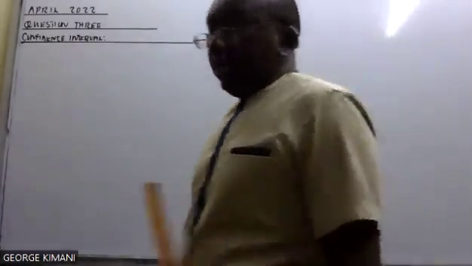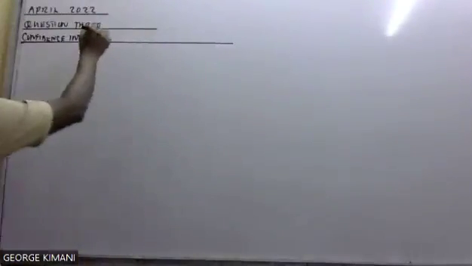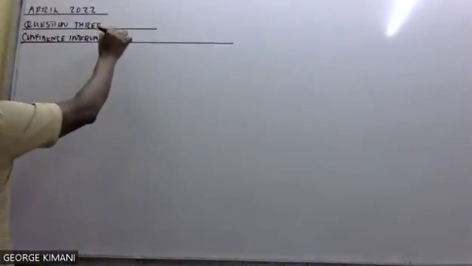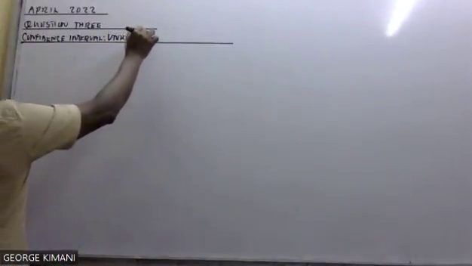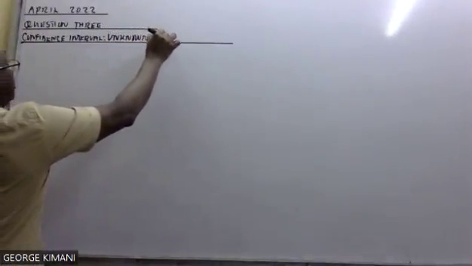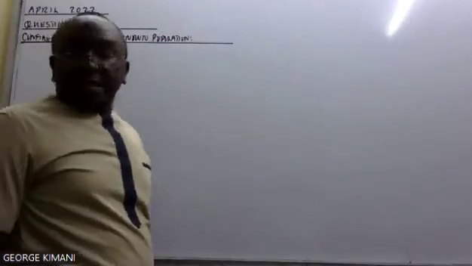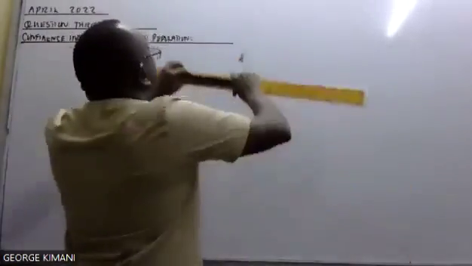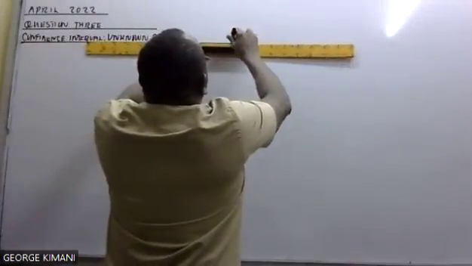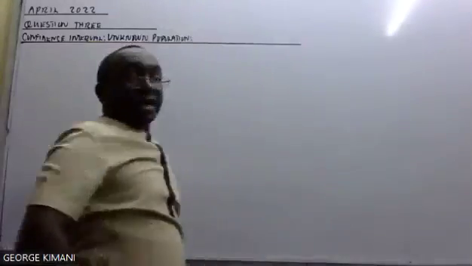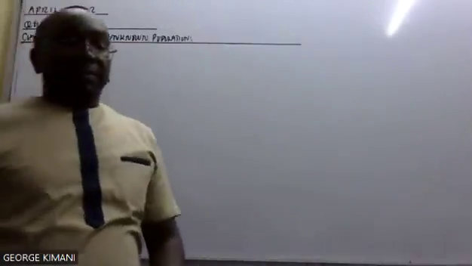Now, this one is unknown population. And it is unknown because what we are given is the standard deviation of the sample, but not the standard deviation of the population.